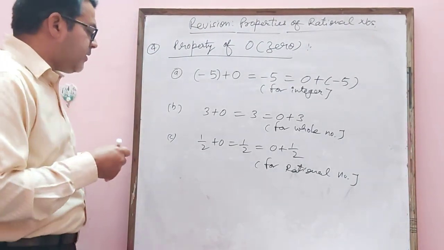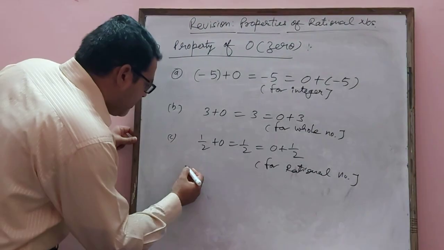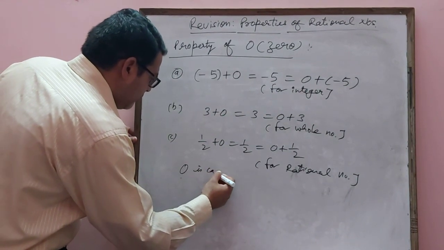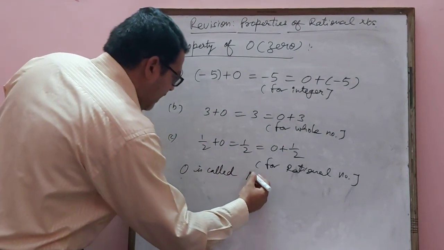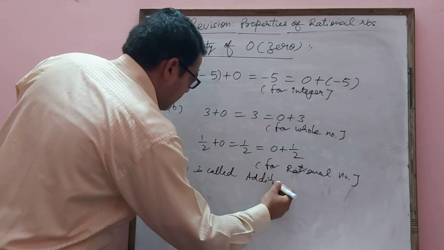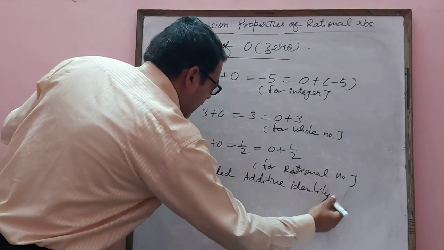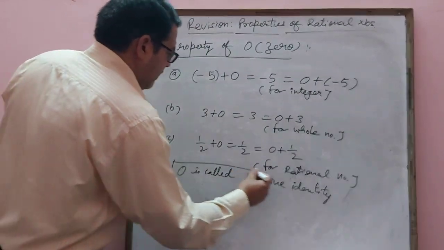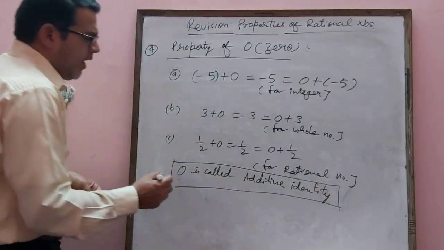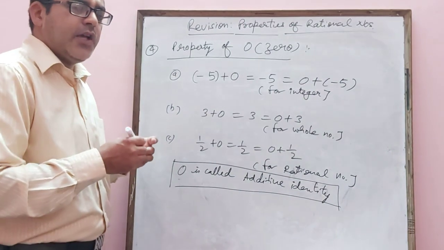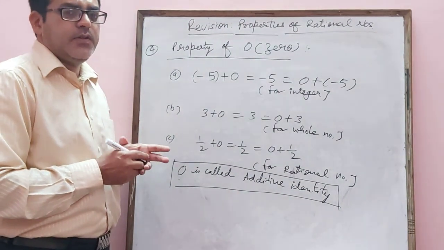And the conclusion is that 0 is called the additive identity. 0 is the additive identity for each and every number.